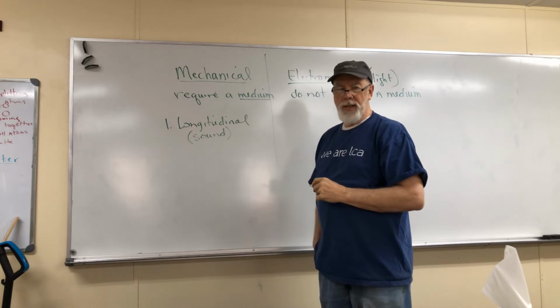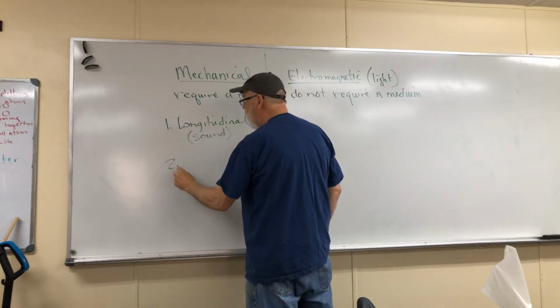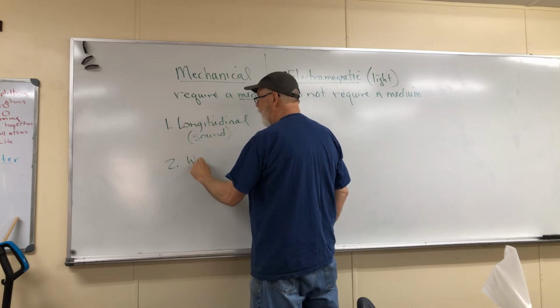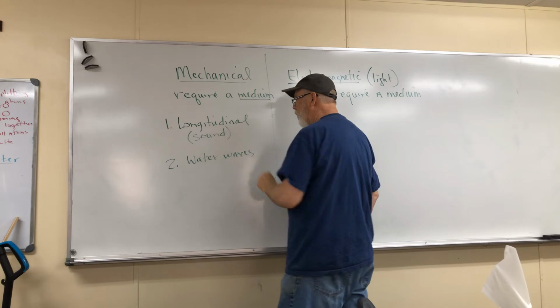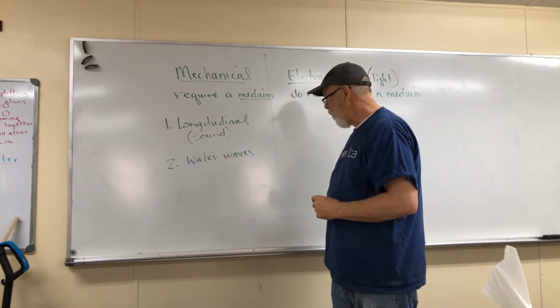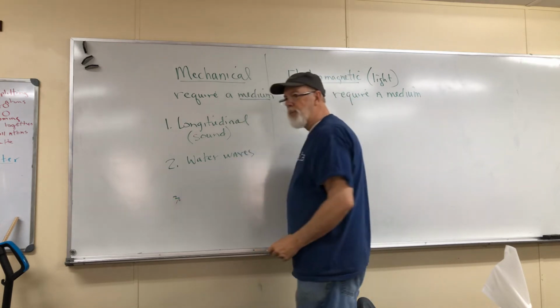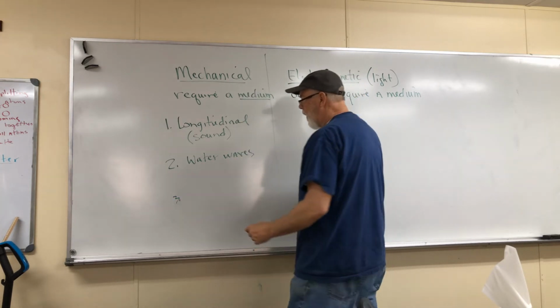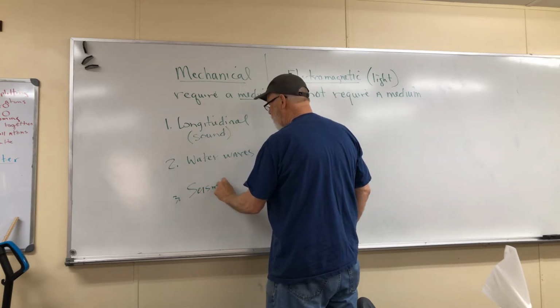And we'll go into that in a little more detail in a minute. The second form of waves would be water waves. And we will discuss all the forms and so on of those types of waves. And the third one, which a lot of times people don't think of, is what I'm going to call seismic waves.